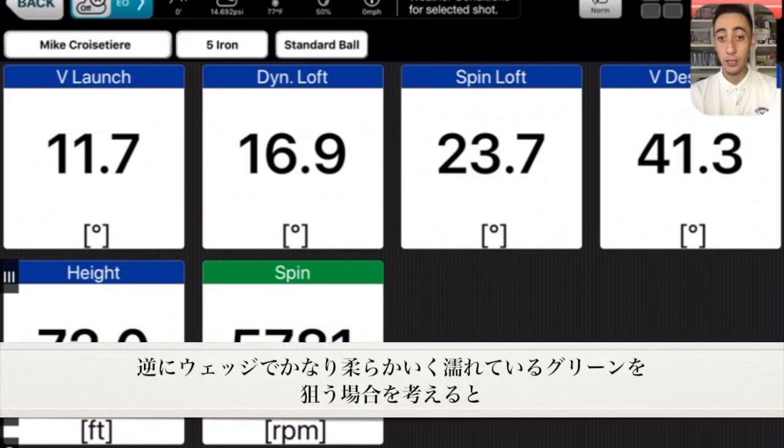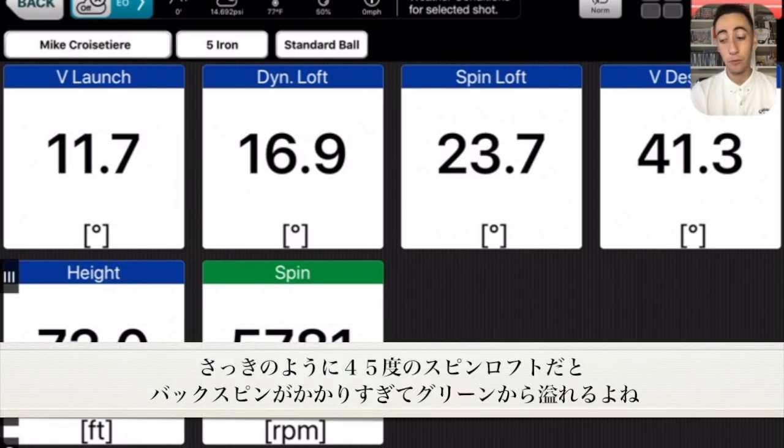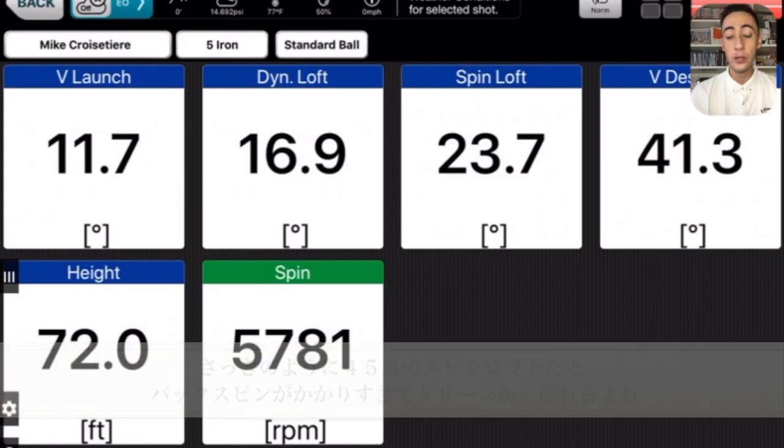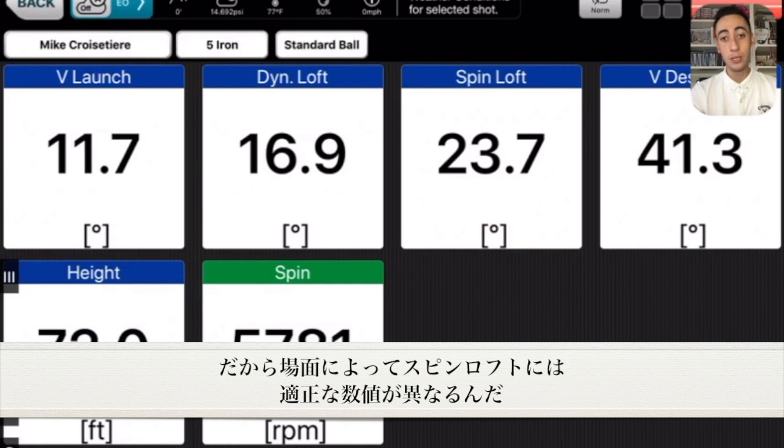Another situation, let's take that same wedge, however the greens are very soft and wet. If you had a lot of backspin, like 45 degrees of spin loft, you might actually spin the golf ball off the plateau all the way down the hill, so then you probably want a little bit less spin loft, right? So again, it really depends on what shot you're trying to hit as to what spin loft you're going to want.